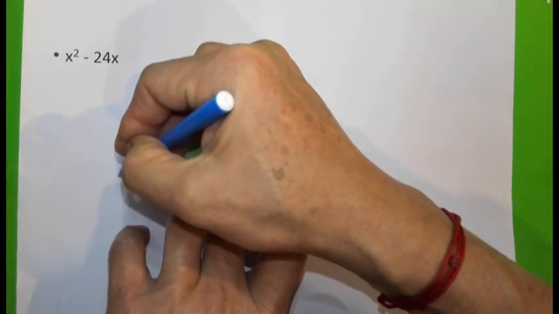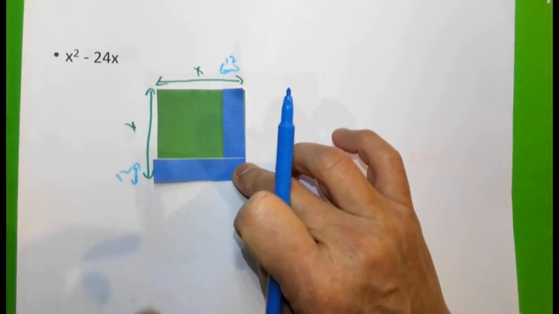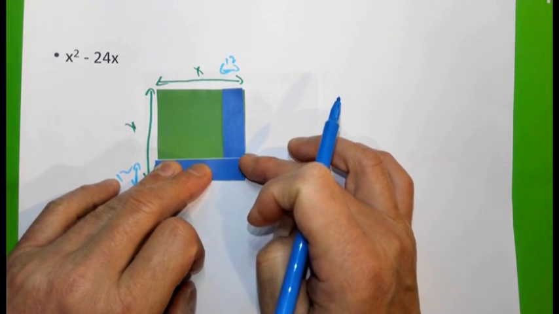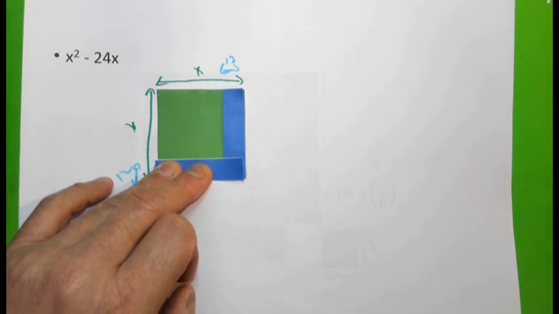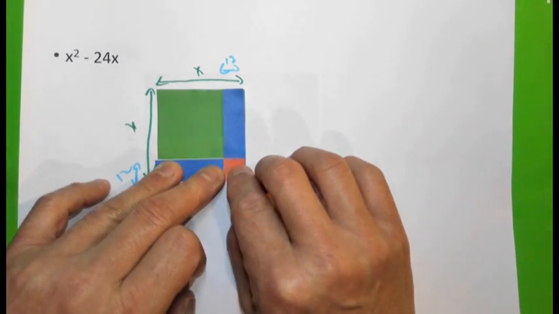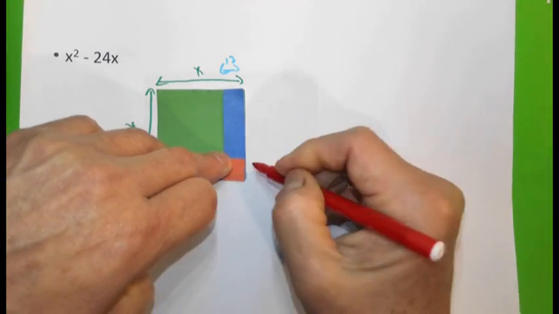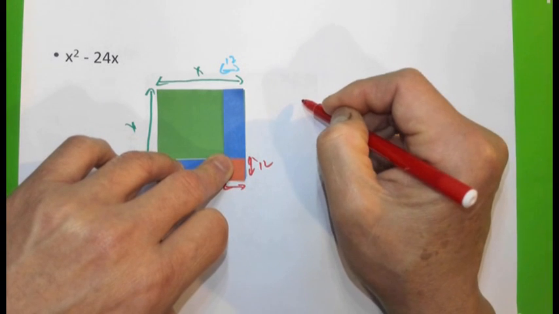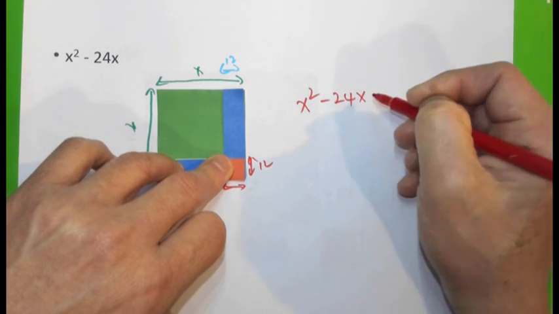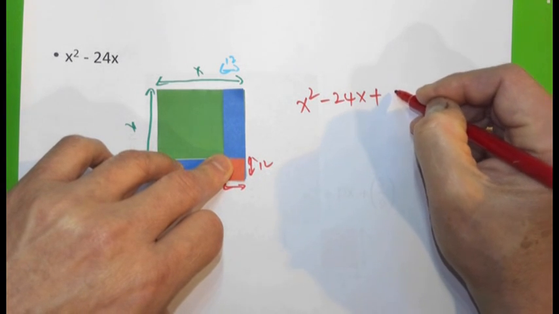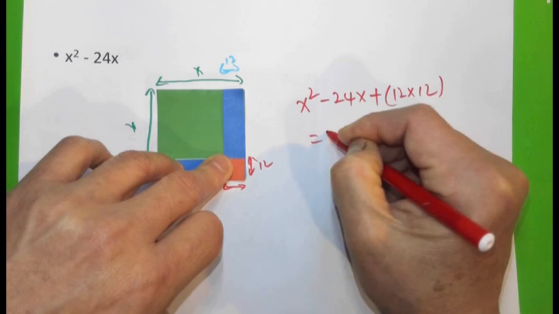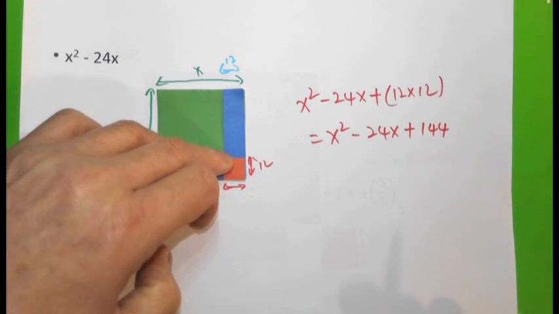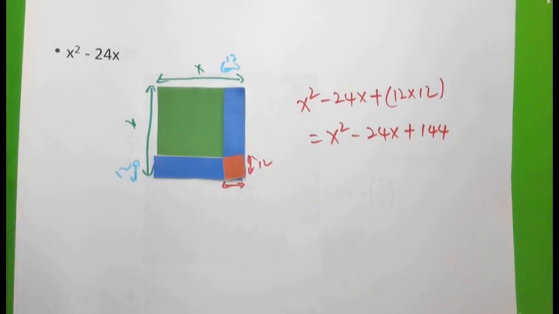Here, 12. Now, we have actually taken away that and that. However, we are actually doubling the square that we have taken away. So in this case, we have to add in the square as well, which is 12 by 12. So therefore, we actually have x squared minus 24x plus 12 times 12, which is x squared minus 24x plus 144. So, this is actually the technique of completing the square.